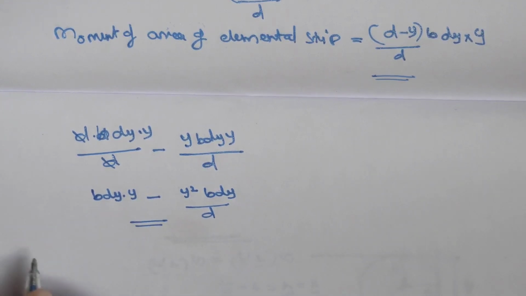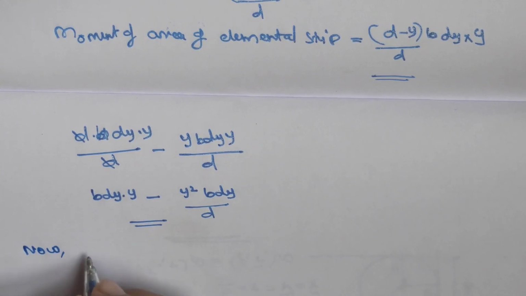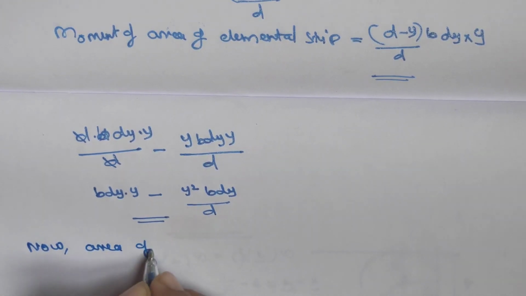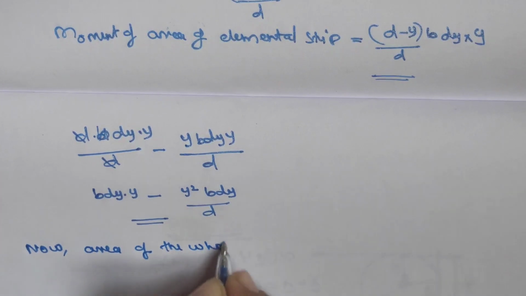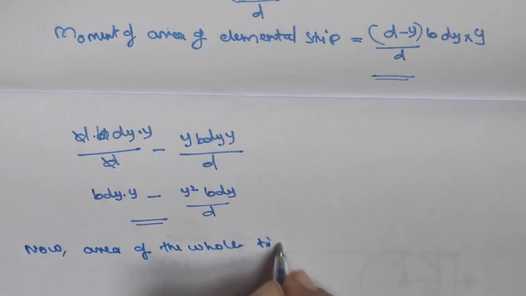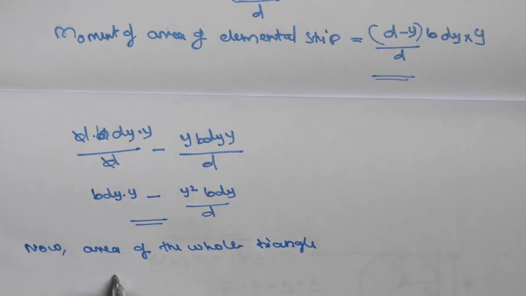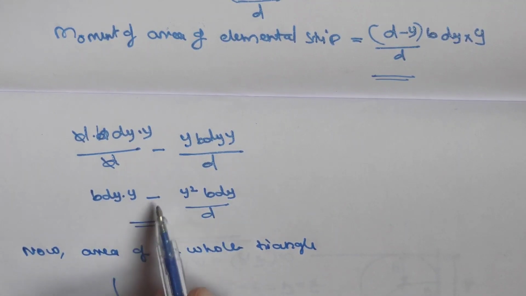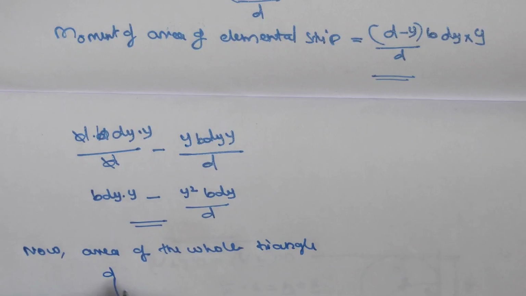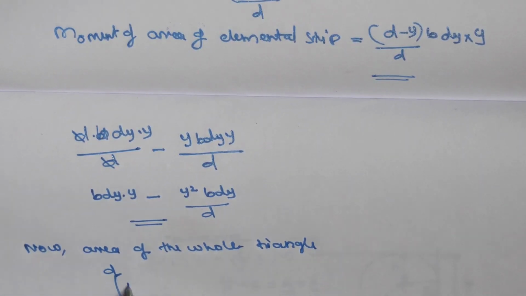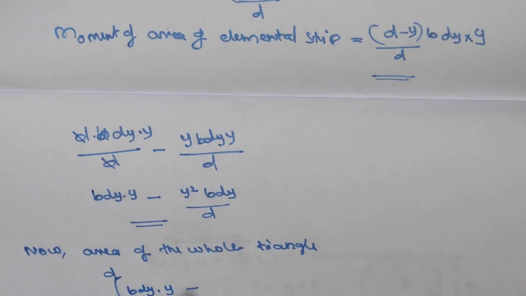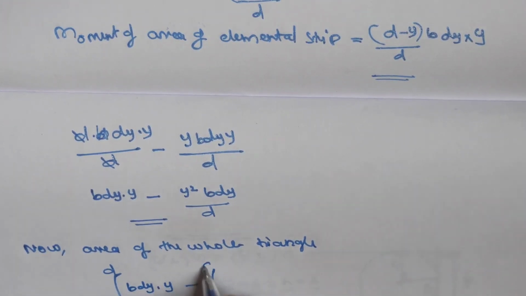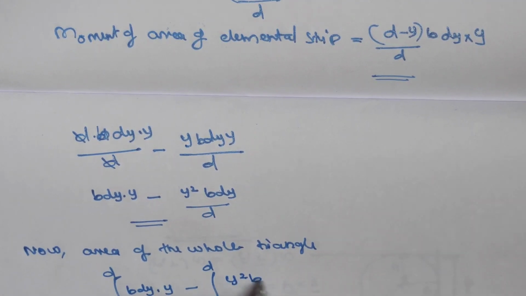So the area of the whole triangle will be the integration of these two parts, from 0 to d, because the entire depth of the triangle is d.